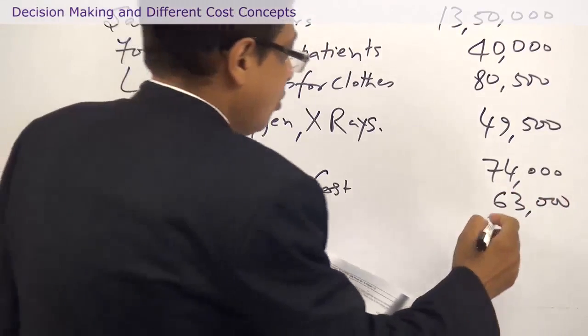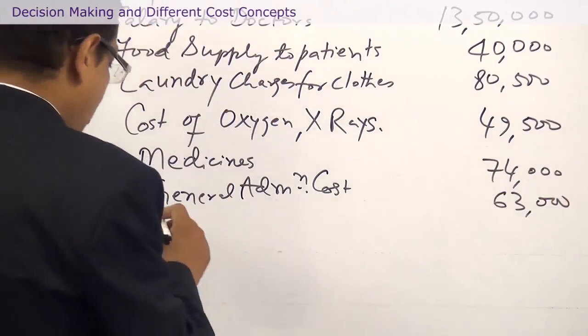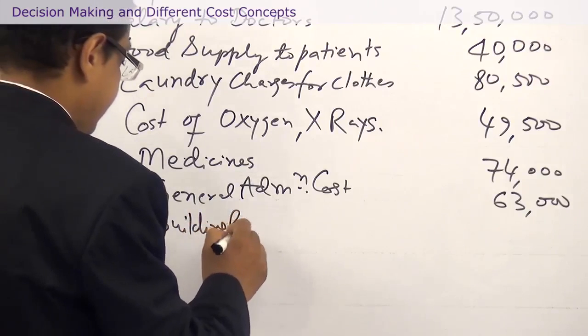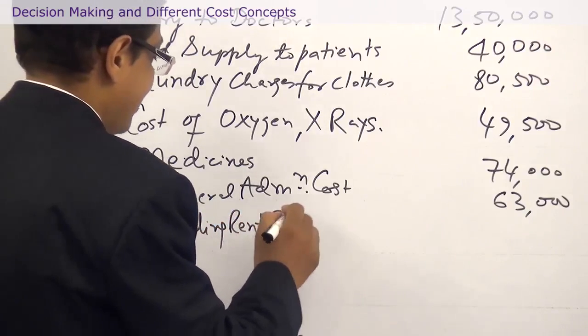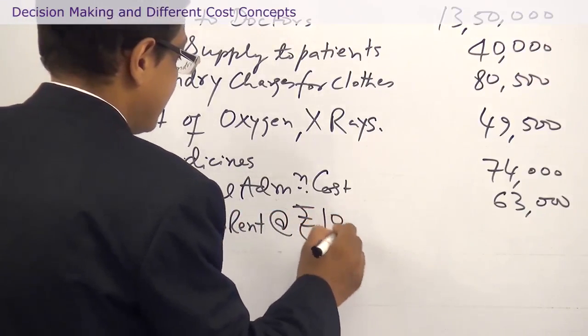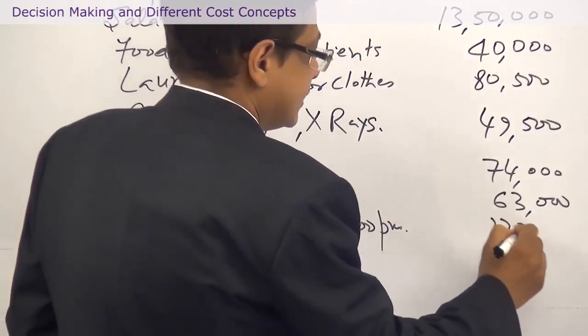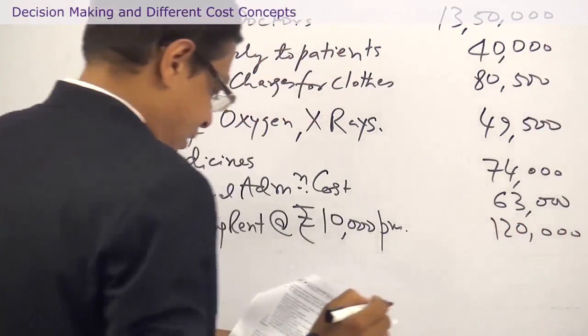So if you add them together along with building rent, which is at the rate of rupees 10,000 per month, this is 1,20,000.